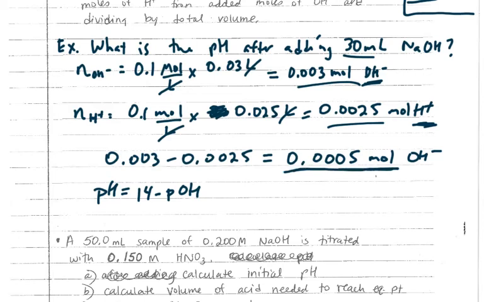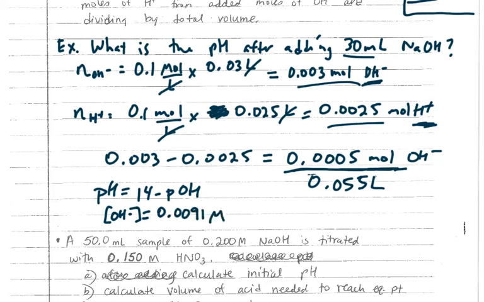So the concentration is moles per liter, molarity, so we need to divide this by the volume, and the volume is 0.025 liters of acid plus the 0.03 liters of base that we added. So together, that's 0.055 liters.